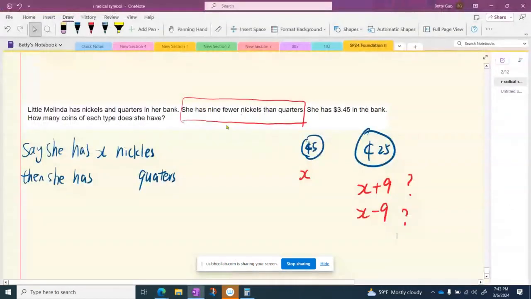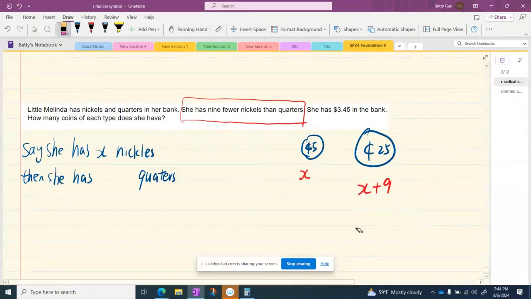She has 9 fewer nickels than quarters. Does that mean quarters has more? She has more quarters? Try again, guys. She has 9 fewer nickels than quarters. Means she has 9 more quarters than nickels, right? It's x plus 9, guys.